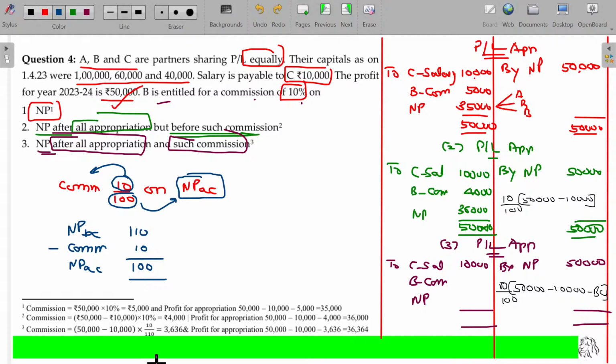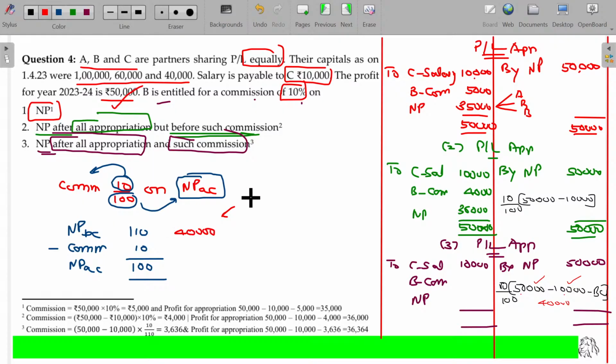Which number you can calculate? You can subtract salary from this. 50 minus 10, 40. This 40 is nothing but net profit before commission. Net profit before commission in this case being 40.